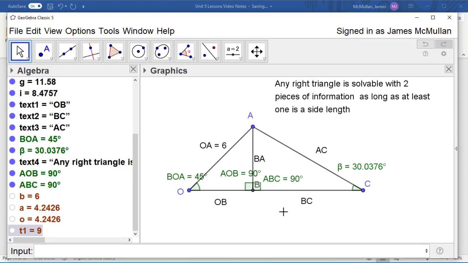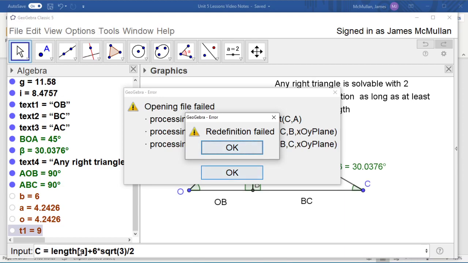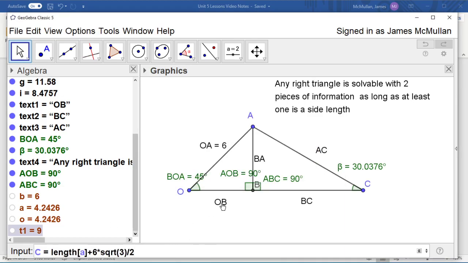Now, if I go back here for a second and I define C, let's go back and just figure this out. So it would be A plus 6 root 3 over 2, or length. 6 times square root 3 divided by 2. Oh, I see. So, all right, let's just type it in.